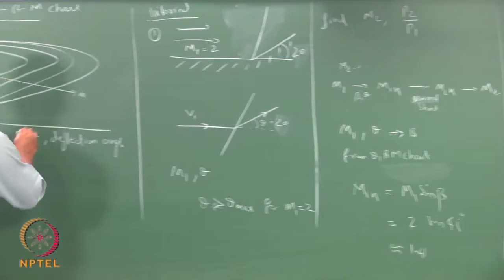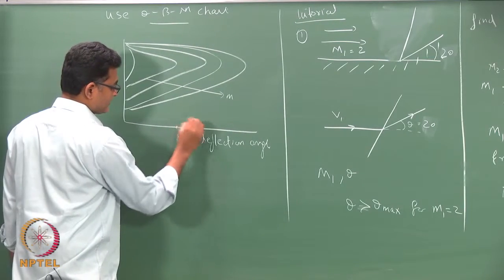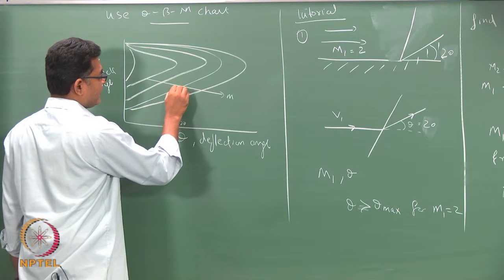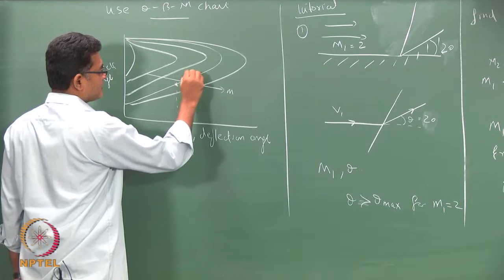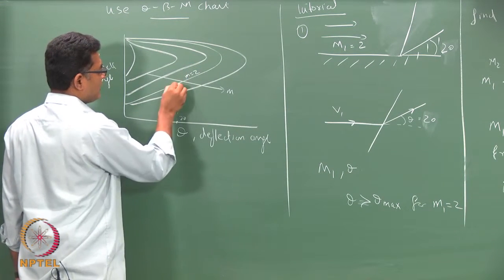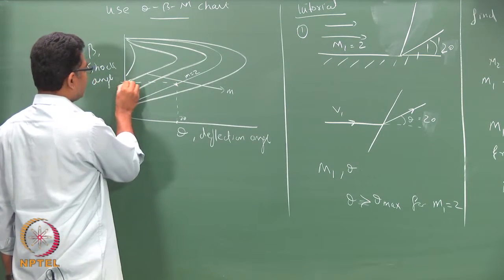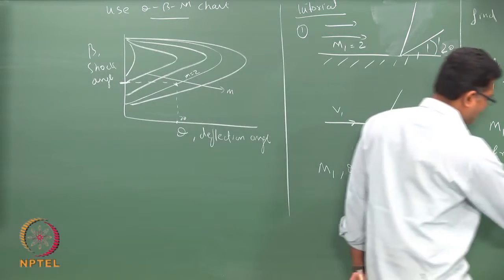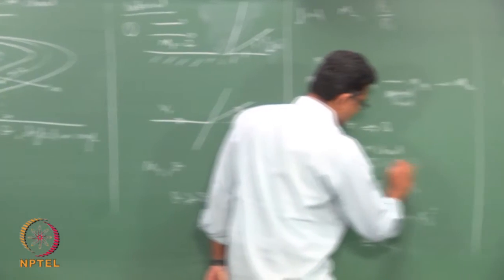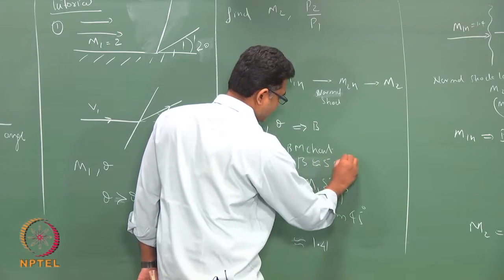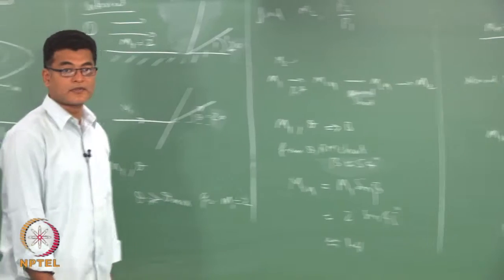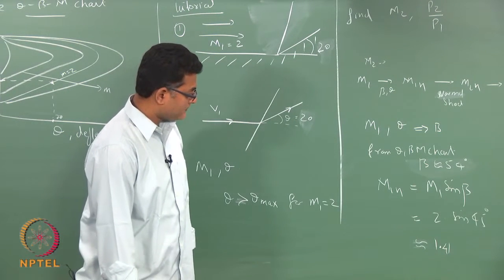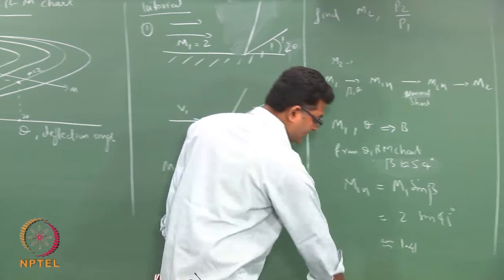So, essentially what you have done is you have taken this line which is 20 degrees, you try to find this particular point where this Mach number is 2 and you have taken the beta here, and that beta from the chart we found to be approximately 54 degrees. Okay. So, when it is 54, all these values change.